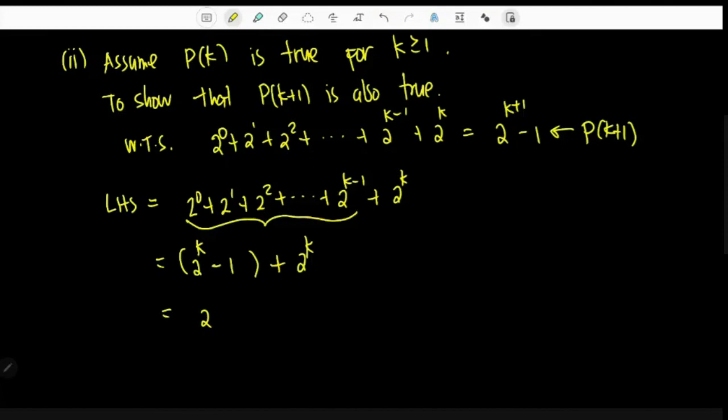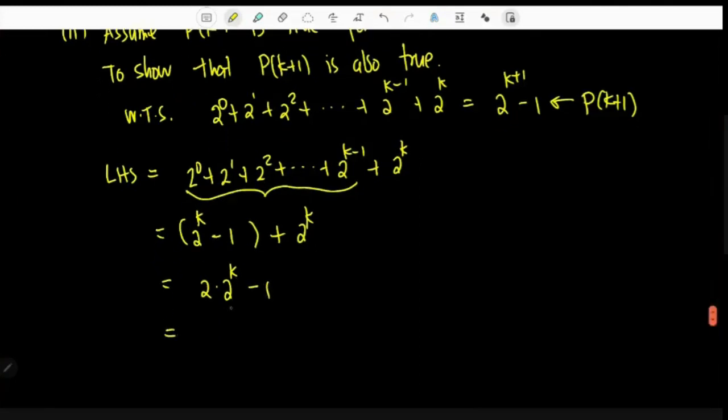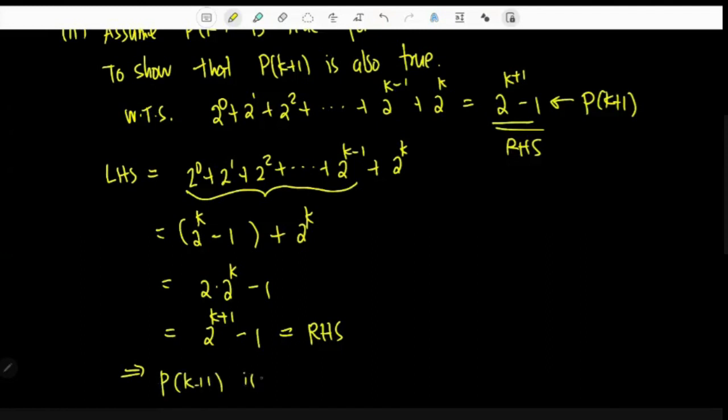Now, if we simplify this, we have 2 to the k plus 1 minus 1, which is exactly the right-hand side. So we were able to show that P of k plus 1 is also true.